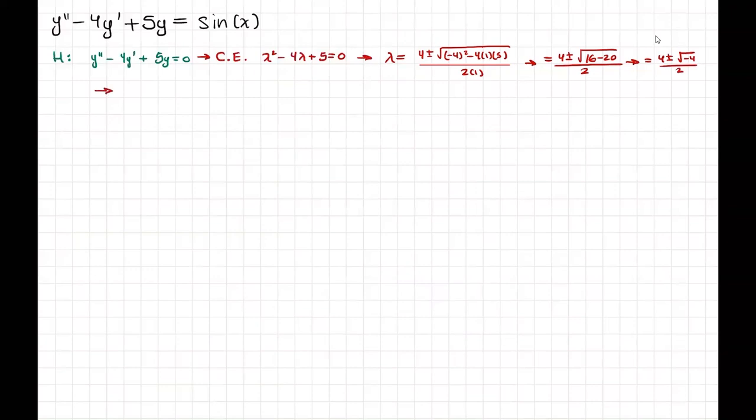So we get 4 plus or minus 2i over 2, which then equals lambda 1 and 2 being 2 plus and minus i, making this a case number 3.